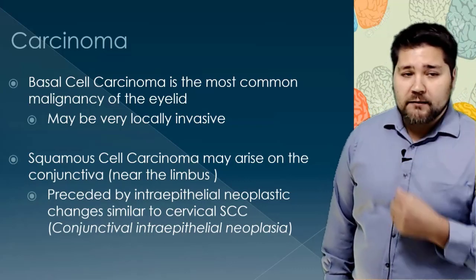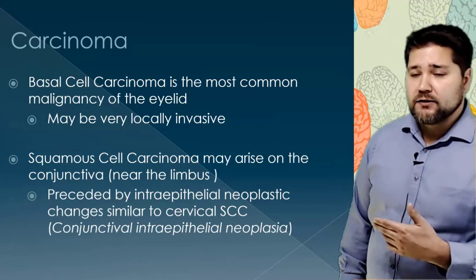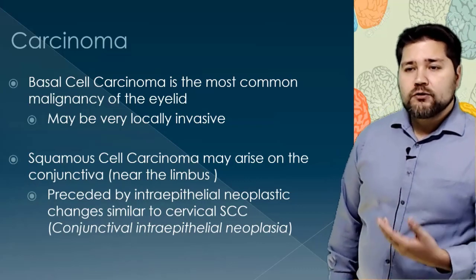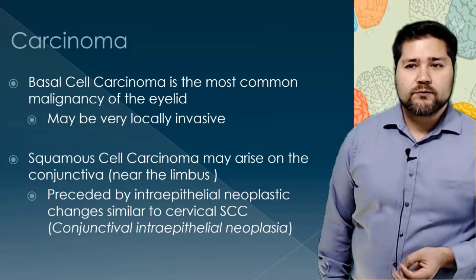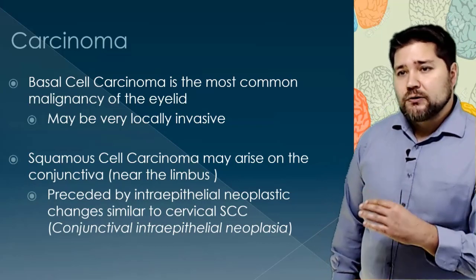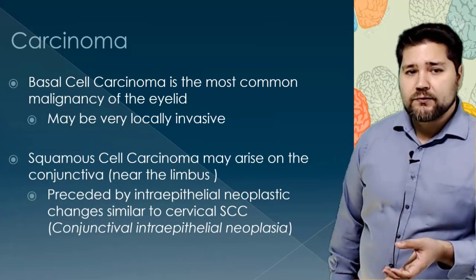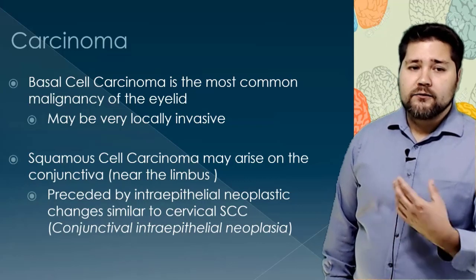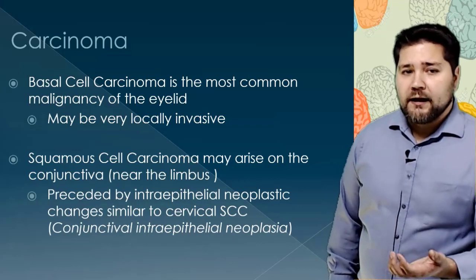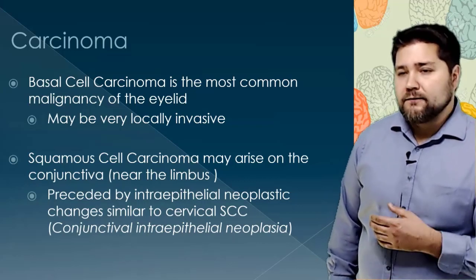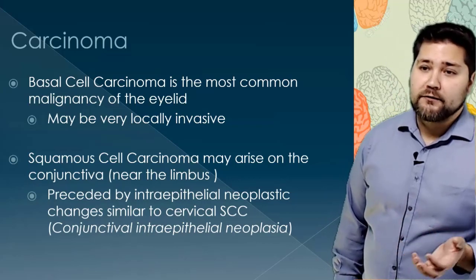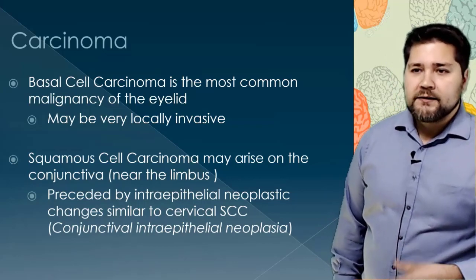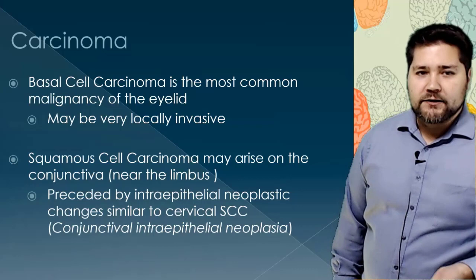What's interesting about the squamous cell carcinoma is it does have a normal progressive track, similar to what we see in cervical carcinoma cases, which means you start with an in situ lesion, so carcinoma in situ, and this will be known as conjunctival intraepithelial neoplasia. So CIN, so don't get it confused with cervical intraepithelial neoplasia, which is also CIN. Make sure you're very specific about what part of the body you're talking about.